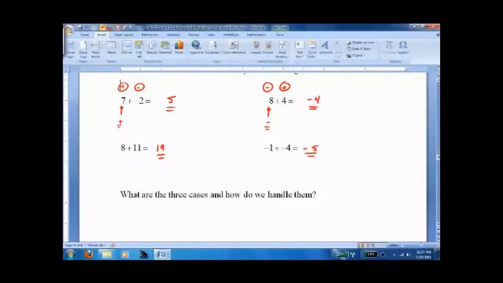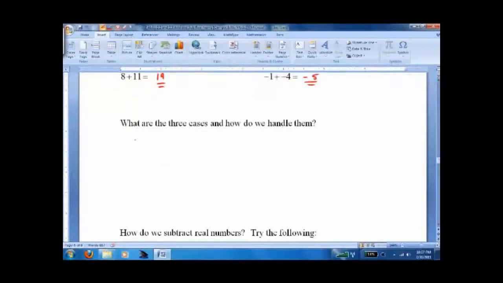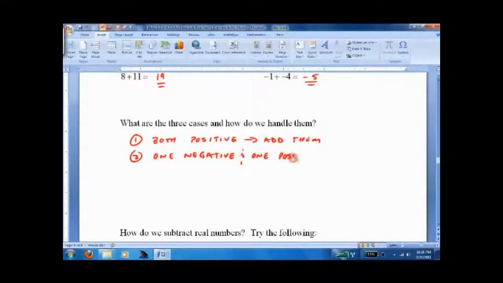That's about it. So, what are the three cases we just saw? Well, let's list them. Case 1, both positive. Just add them. Case 2, 1 negative and 1 positive. Subtract.